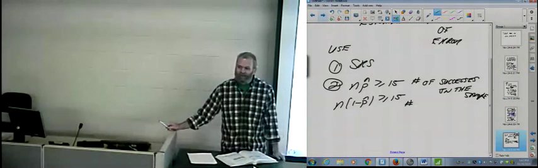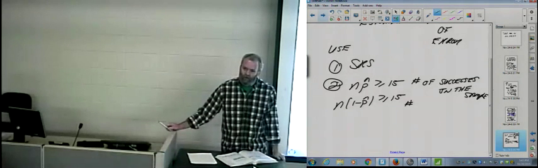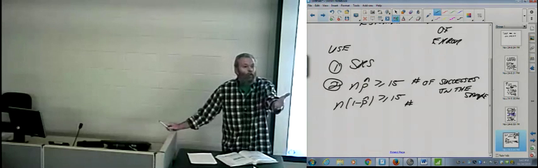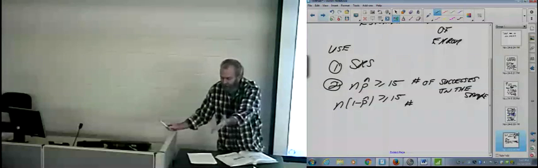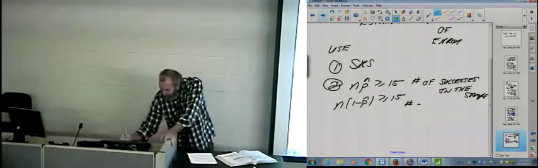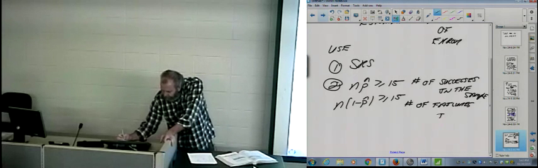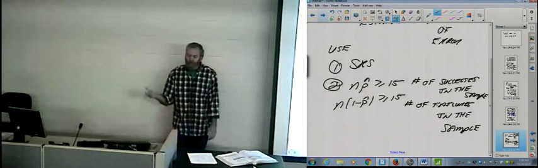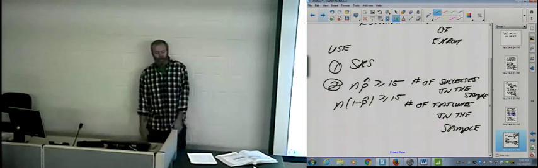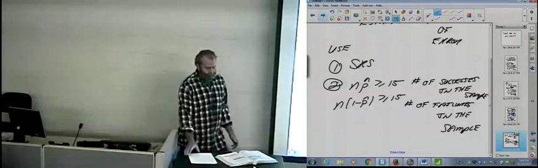That's got to be what I consider a failure, right? Your outcome's either a success, the one you're looking for, or it's one that you're not looking for, and it is a failure. So this is the number of failures in the sample. There's your confidence interval. There's when you're allowed to use it.